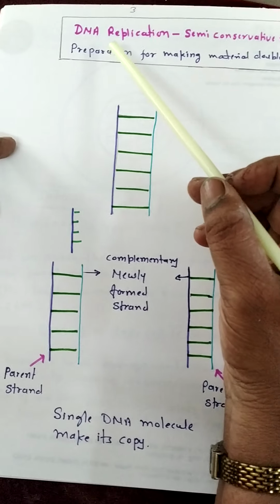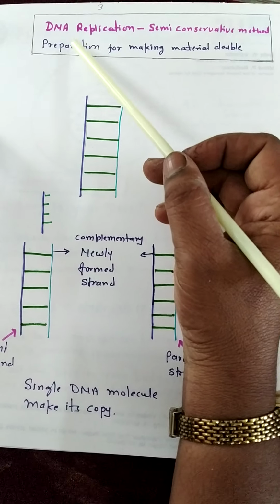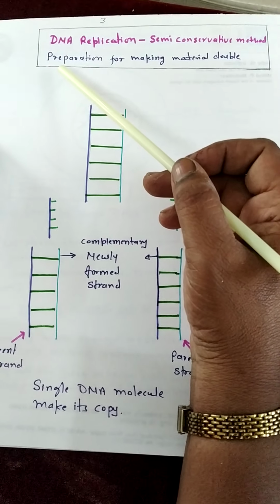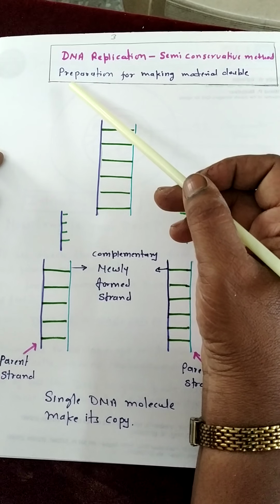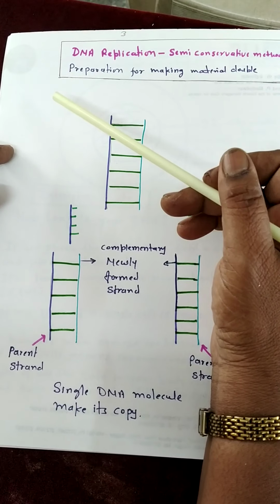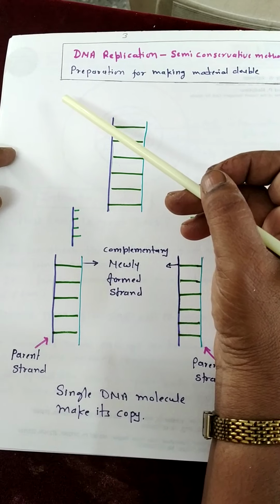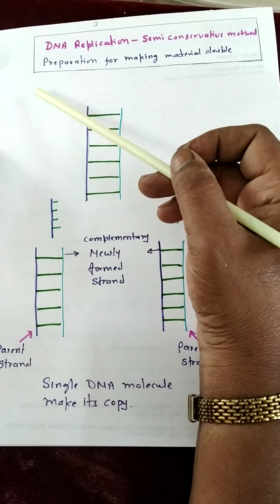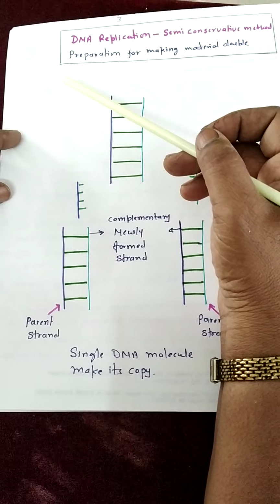So what happens during cell division? There are so many changes that take place during cell division. Just imagine one example. If some guests come to our home for dinner, what will we do? We cook more food.